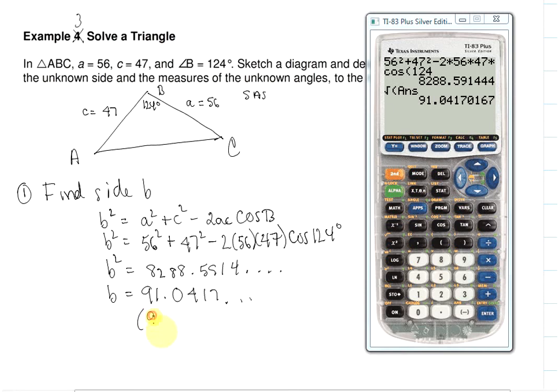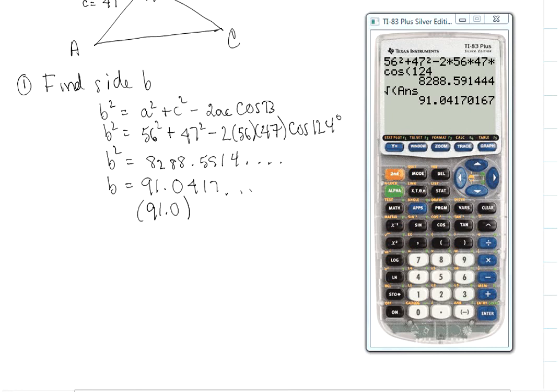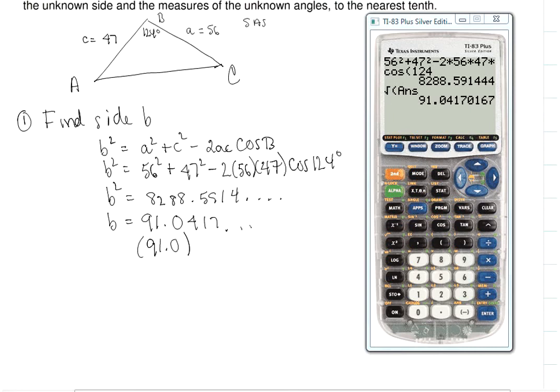But to the nearest tenth, that's 91.0. I'm going to keep those decimal places in there though, because I'm going to use them to find other parts of my triangle. So I know that side b is 91.0417 dot dot dot.